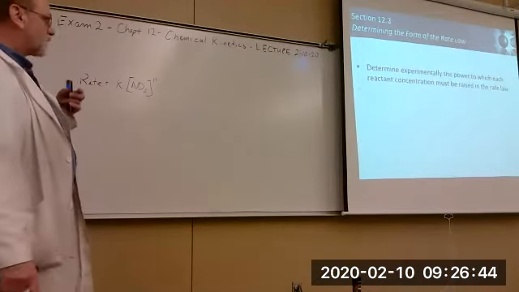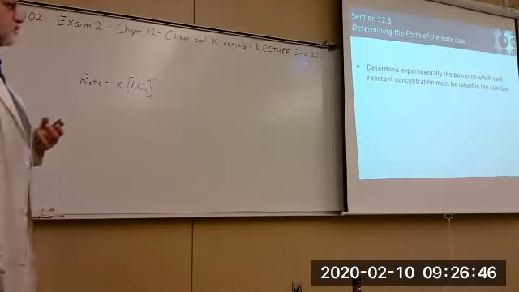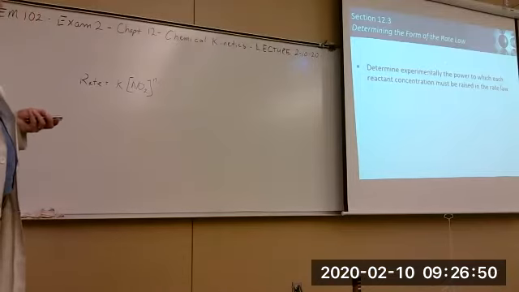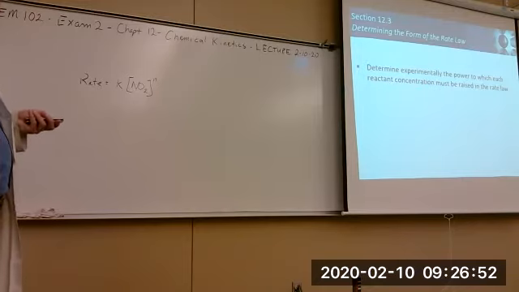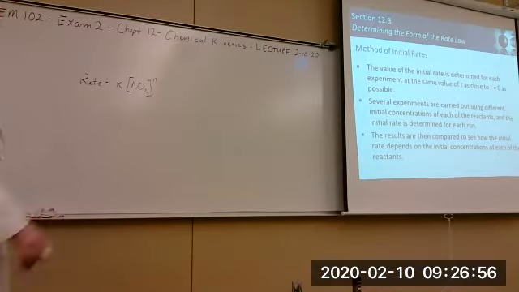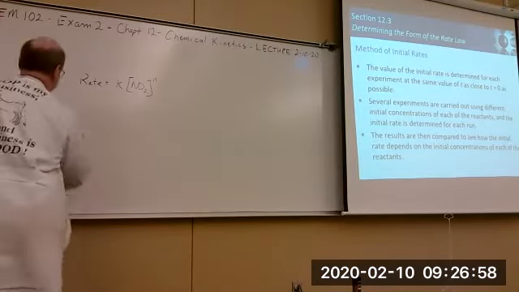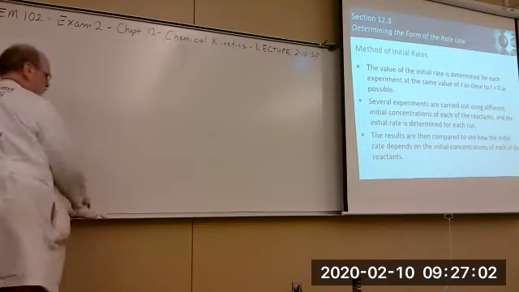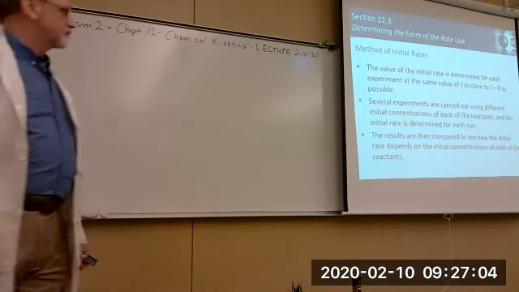Anyway, we have to determine experimentally the order of the reaction. So we need to know how to do that. So we have the method of initial rates, and that's what we're going to focus on to determine these orders.